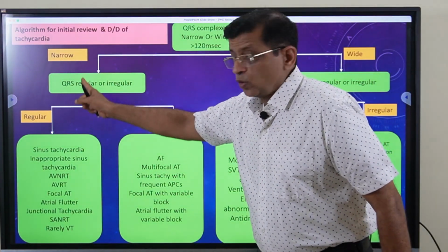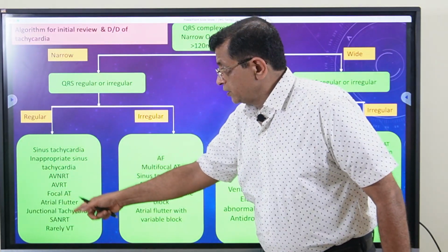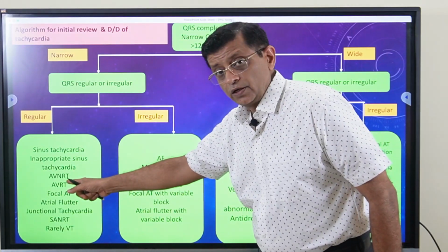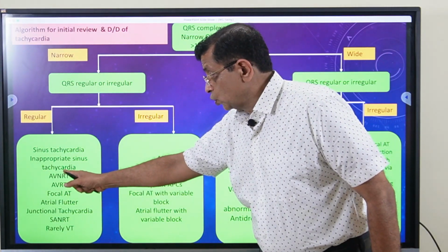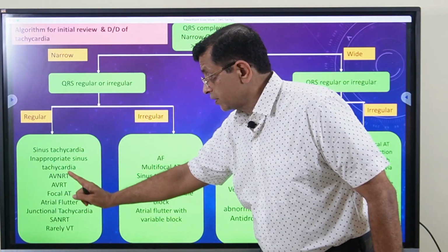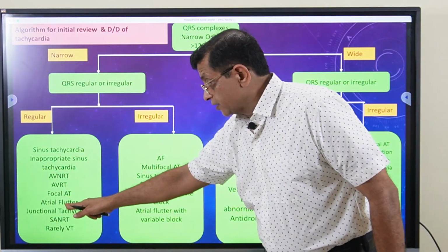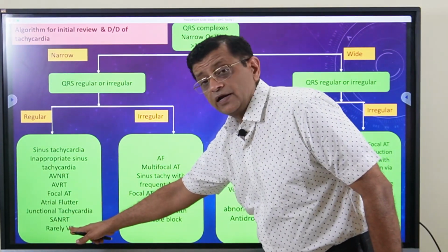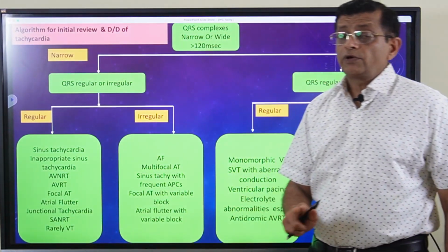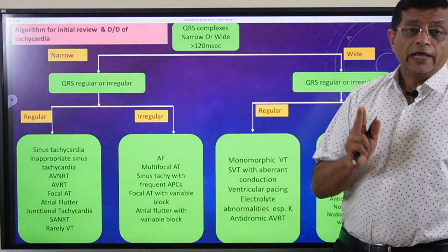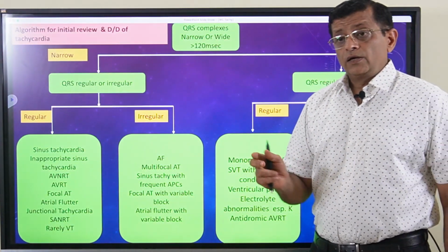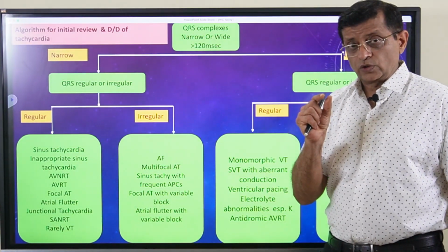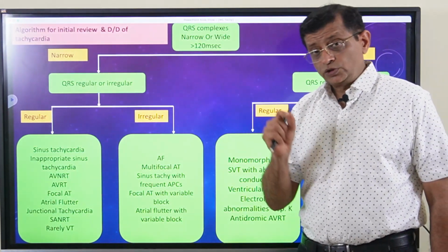So we have 4 classes. First is narrow complex regular tachycardia. In this we have sinus tachycardia, inappropriate sinus tachycardia, AVRT, AVNRT, that is AV nodal reentrant tachycardia, atrioventricular reentrant tachycardia, focal atrial tachycardia, atrial flutter, junctional tachycardia, SA node reentrant tachycardia, and rarely VT. As we have seen in our last lecture of NSVT, left ventricular idiopathic tachycardia has a relatively narrow QRS complex and it also responds to verapamil.